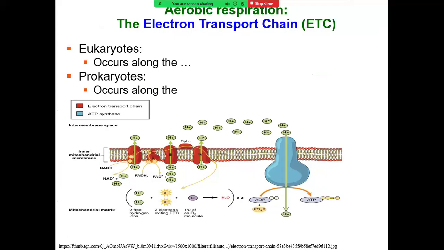In the eukaryote, this membrane is the inner mitochondrial membrane containing all of these proteins and carrier molecules. In a prokaryote, this membrane is the cell membrane. Any questions about any of that?